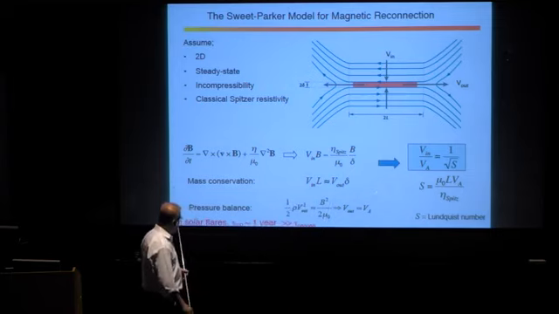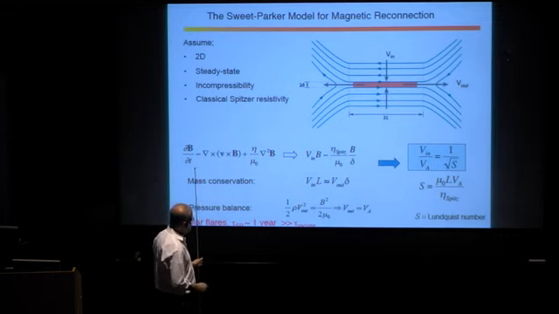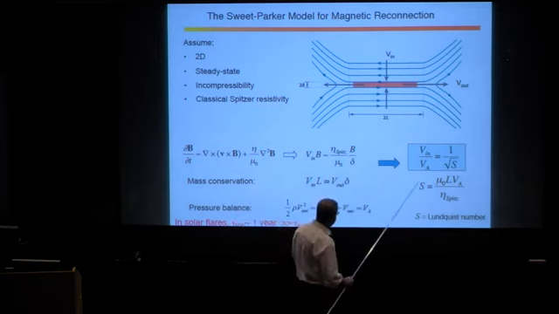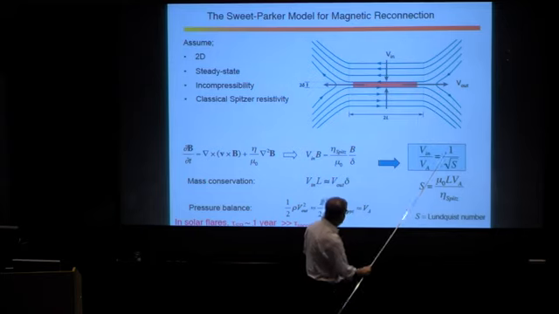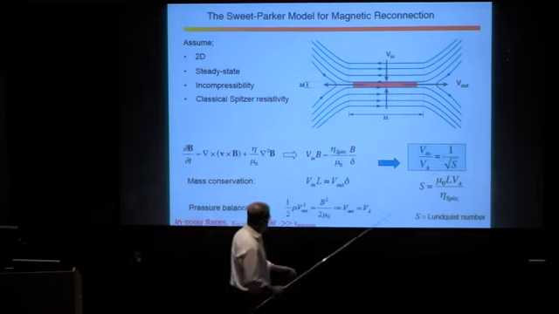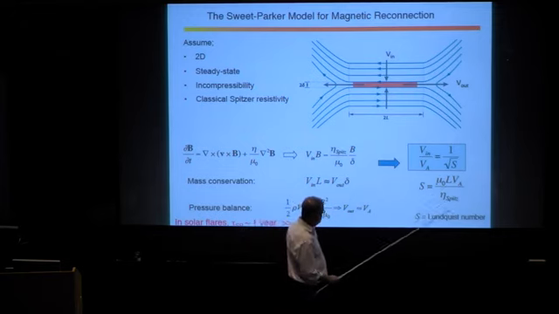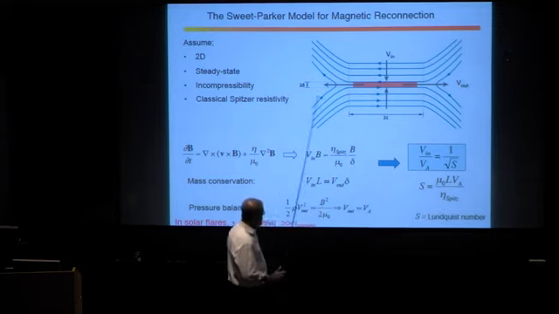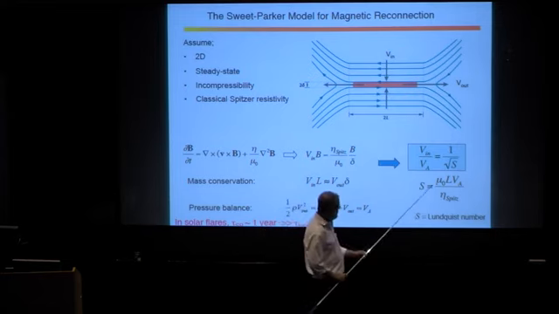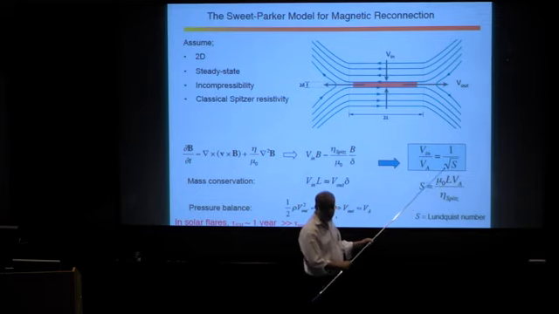And you can show by some further simple calculation that that delta over L, using the energy dissipation argument, is really given by 1 over square root of S, where S is called the Lundquist number, mu 0 L VA by eta Spitzer. This is a dimensionless number, and typically, if you plug in the resistivity and typical system size given by L and VA, it is a very large number.